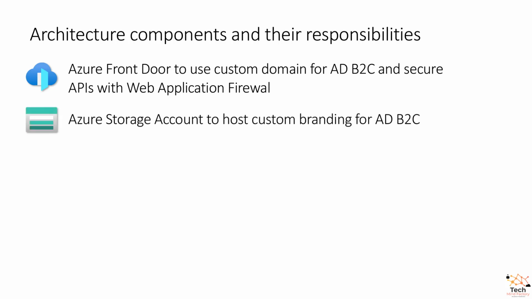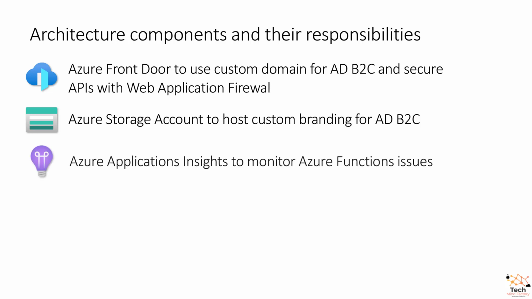When it comes to Azure Storage Account, as I mentioned, it is used to host custom branding for Azure Active Directory B2C. So all those HTML, CSS files are stored there to enable this great look and feel of sign-in, sign-up pages displayed by Azure Active Directory B2C.